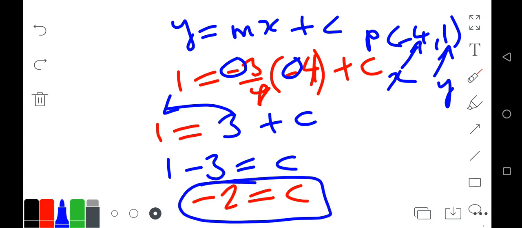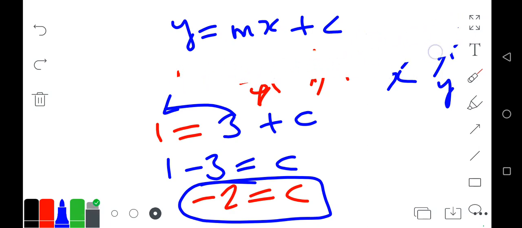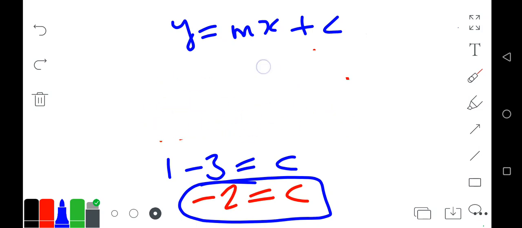And now finally, we're just going to replace. Meaning you're going to replace here, that is m, and that is c. Then x and y remain the same.